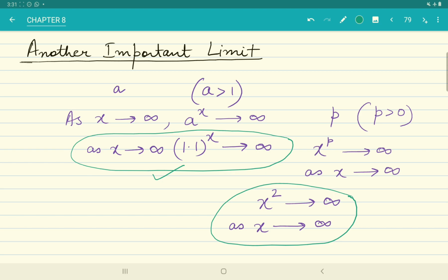I could take up 1.1 raised to the power x, or e raised to the power x, or any other exponential function such as 1.0001 raised to the power x.